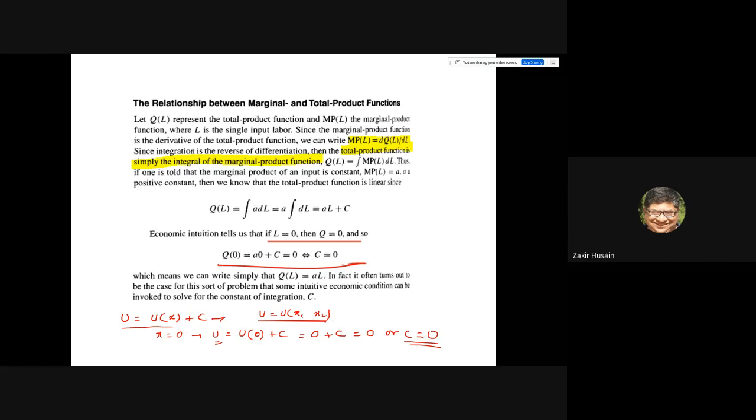Now let us take the case of cost functions. Prithviraj, tell me, if you have been given the marginal cost function, then if you integrate this, you will get TVC plus TFC.